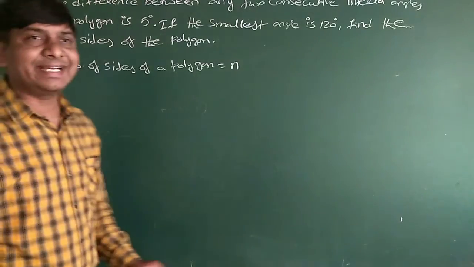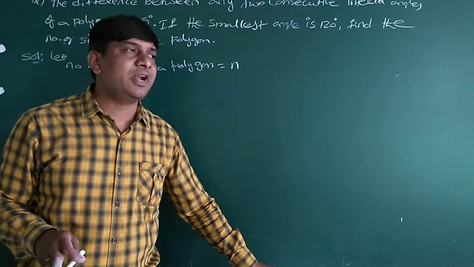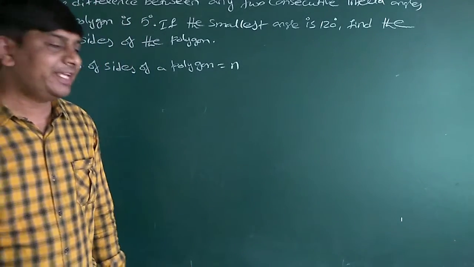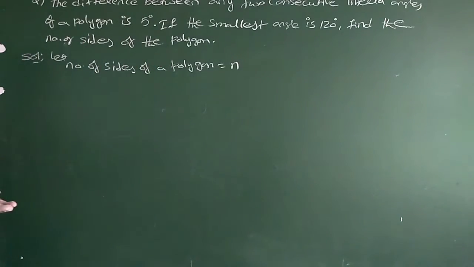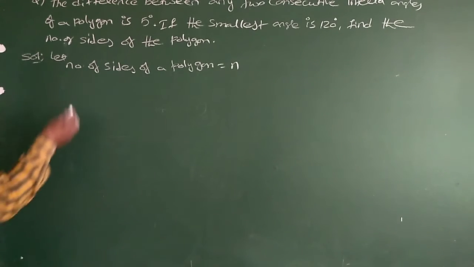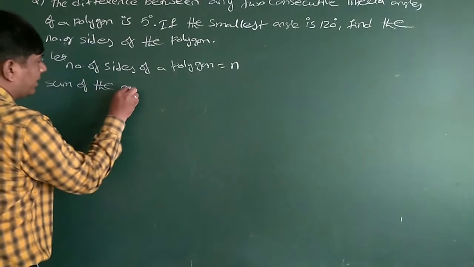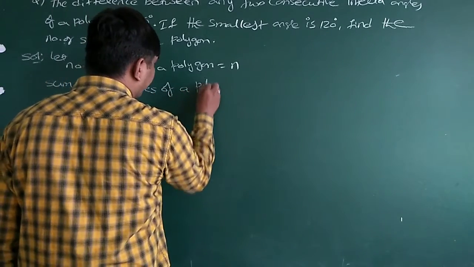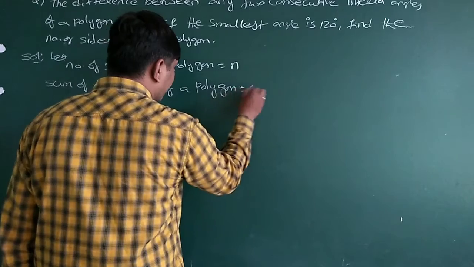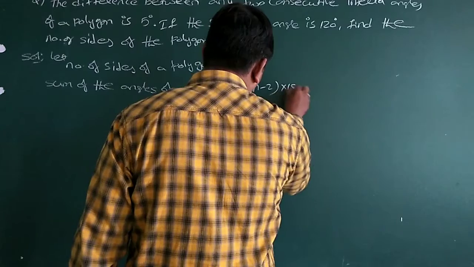Now we have the standard formula. The sum of the angles of a polygon is equal to (2n minus 4) into 90 degrees, or (n minus 2) into 180 degrees. That is the standard formula. Understood? So let us suppose the number of sides is n, then the sum of the angles is (n minus 2) into 180 degrees.